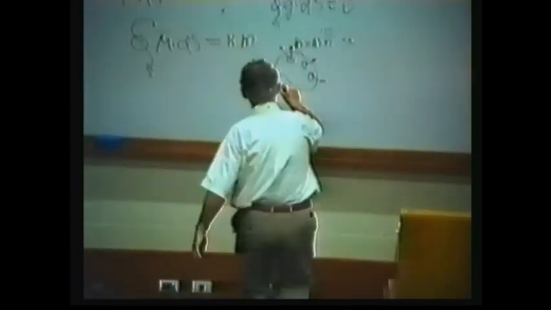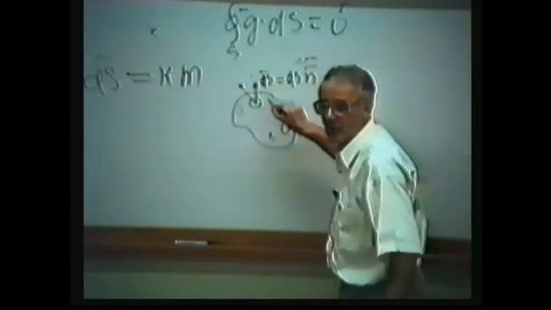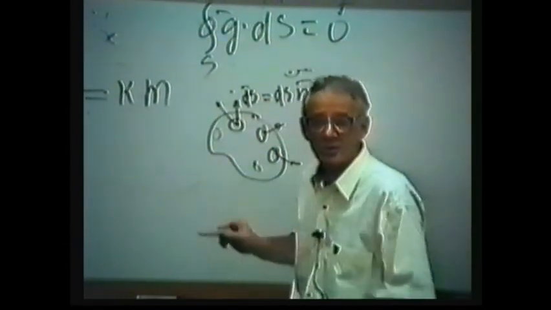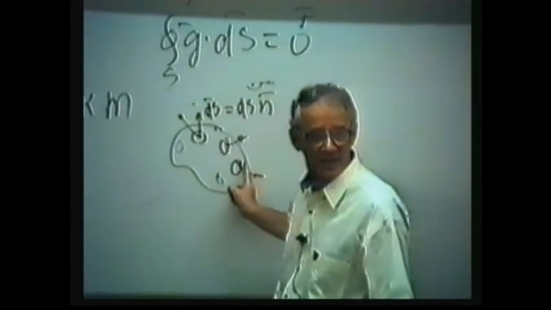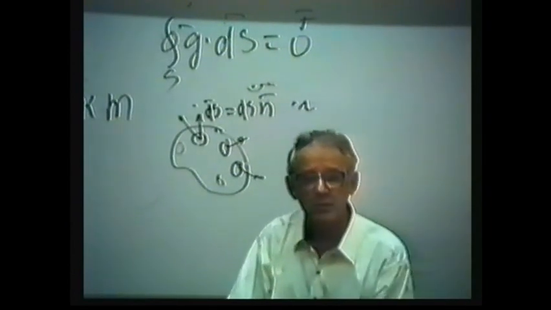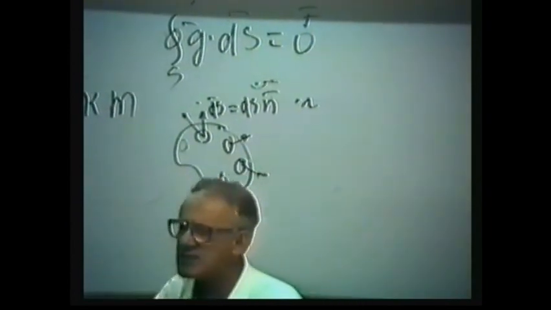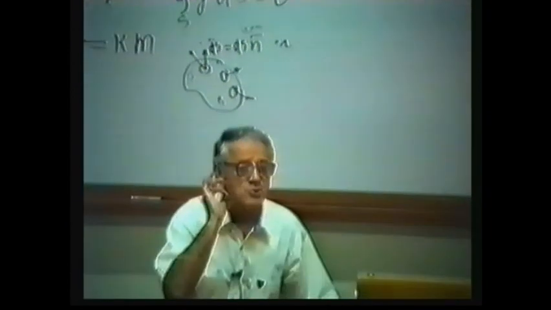It tells you how many sources inside, but it does not tell you how they are distributed. They could be located somewhere in one corner, another corner. If they are charges, some may be positive, some negative, so it gives you the total amount. But what is amazing, mathematicians discovered this fantastic tool.